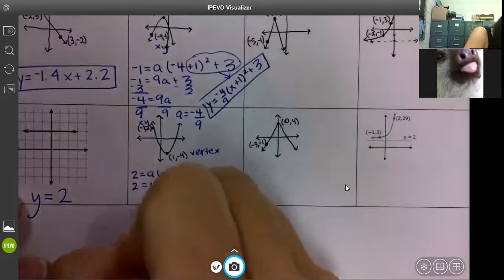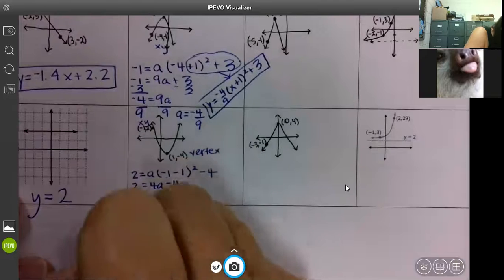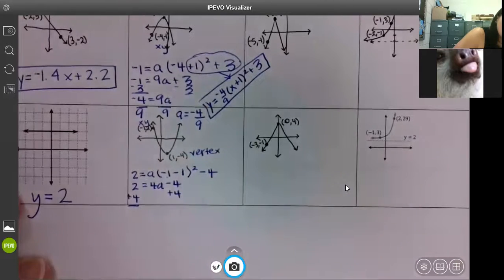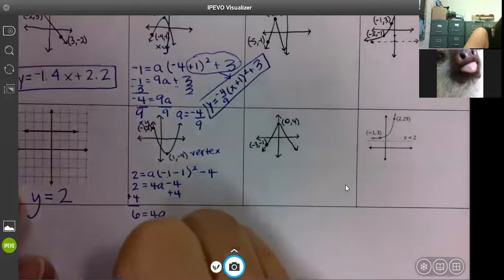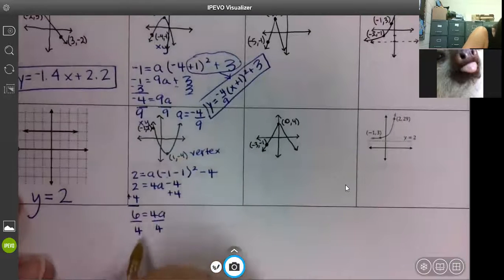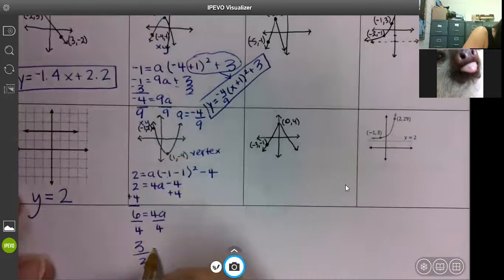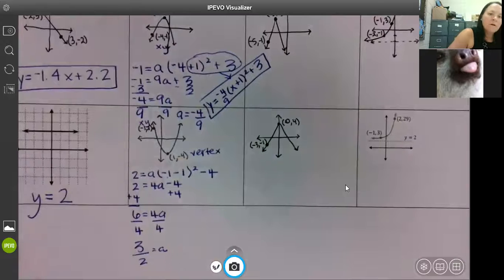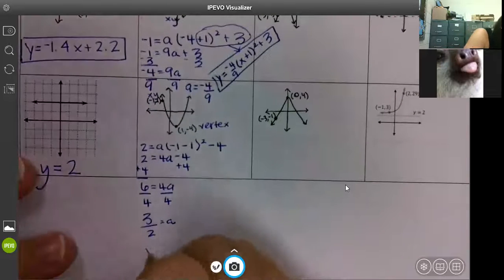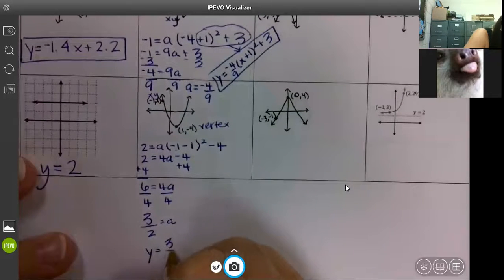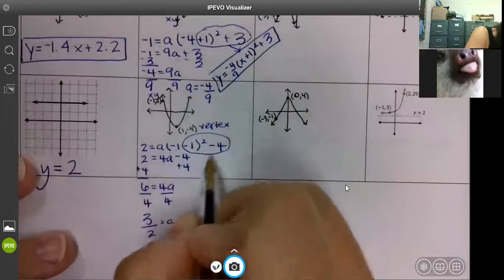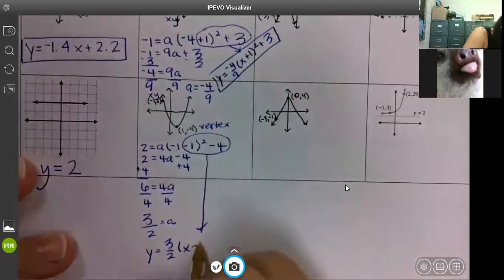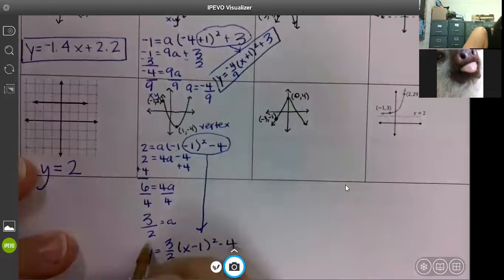So 4a minus 4. Add 4 to both sides. We get 6 equals 4a. Divide by 4 and you get 3/2. Be careful not to flip that fraction around. So your final answer would be y equals a positive 3/2 x. And then again, the vertex just brings down -1 squared minus 4.